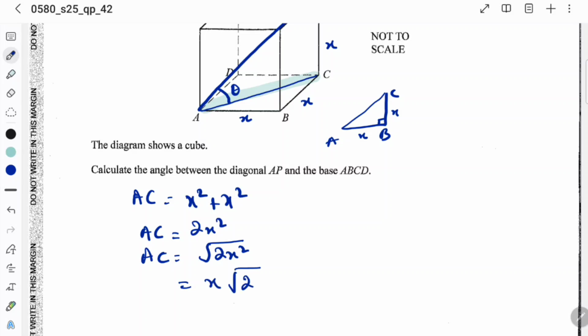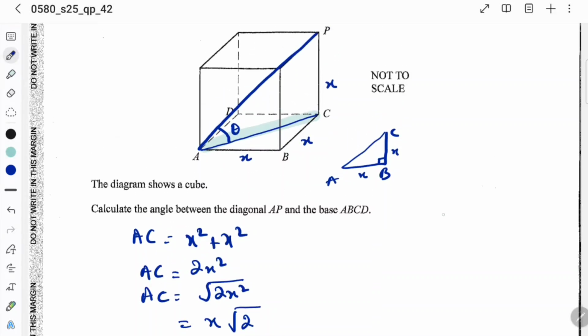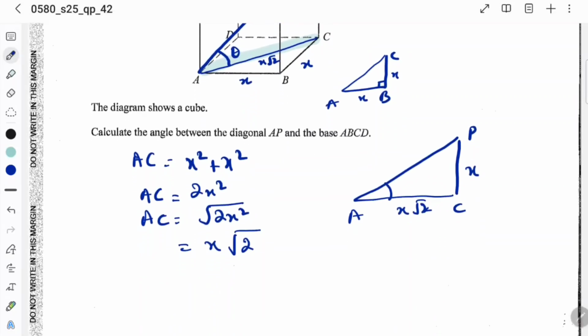Okay, now we are ready to get the answer. So this is x square root 2. Now I'm taking the triangle ACP angle. This is x square root 2, and it is also x, P and C, because it's a height and it's a cube. Alright, so length, width and height are the same in a cube.